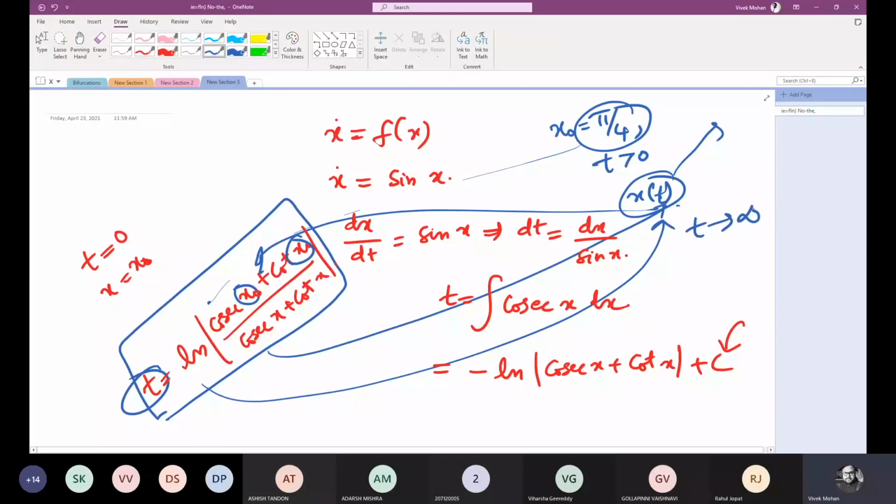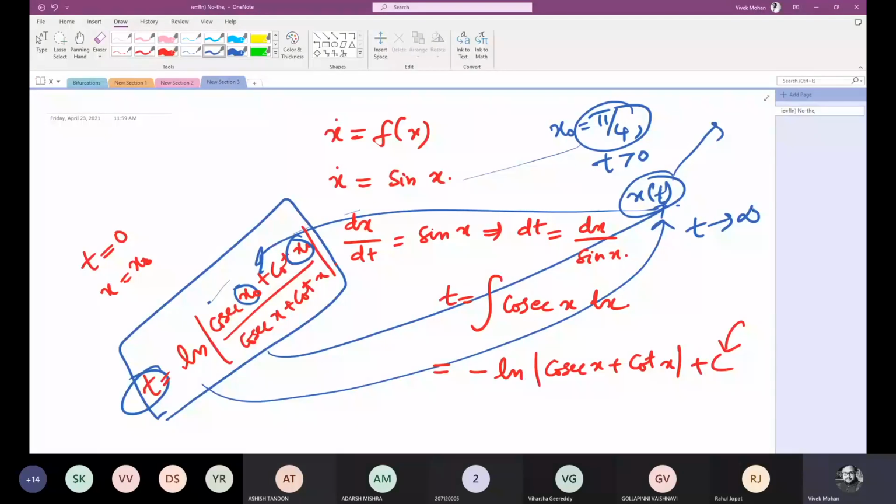What is t tends to infinity? That is the steady state response. So the steady state response of the system itself changes with respect to change in initial conditions. That is what is the meaning here. So with respect to nonlinear models, we have initial condition sensitive steady state response. That is what is the meaning.